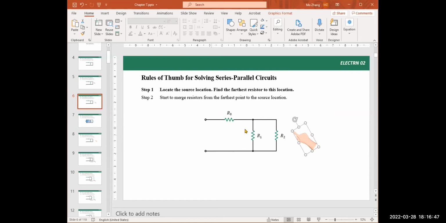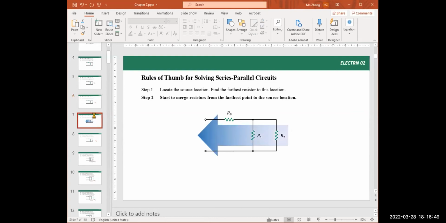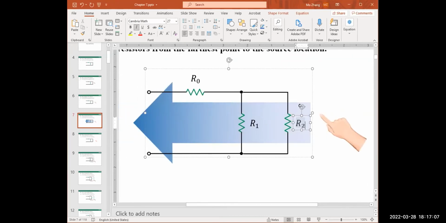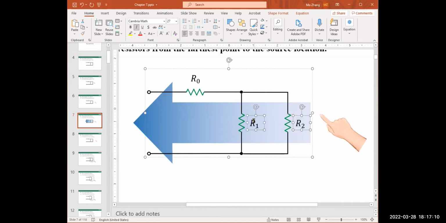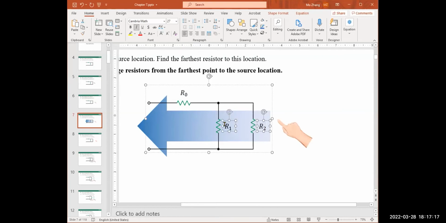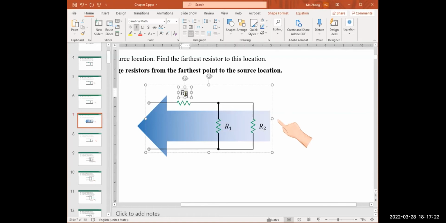Okay, cool. Let me copy this. Here R2 is the furthest point, and we start merging resistors from R2. Looking at the direction, R2 and R1, and afterward the next one will be R0. So R2 merges with R1 to form a single resistor, and lastly it combines with R0.